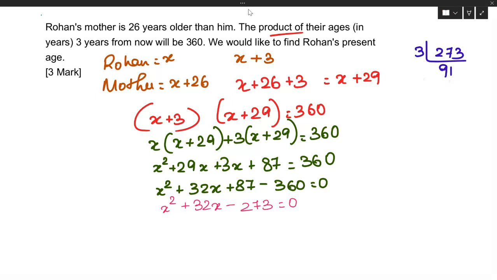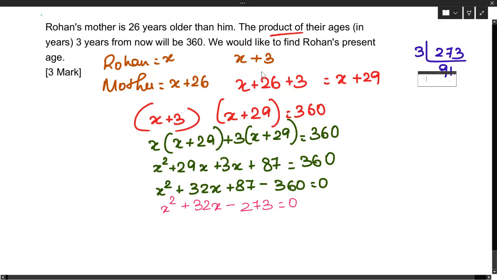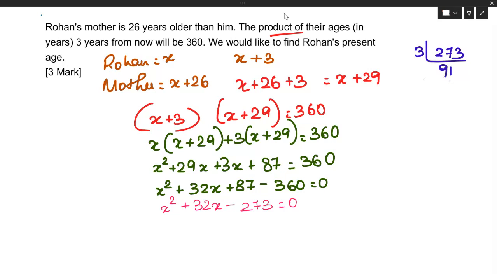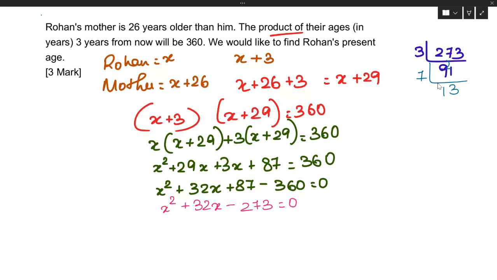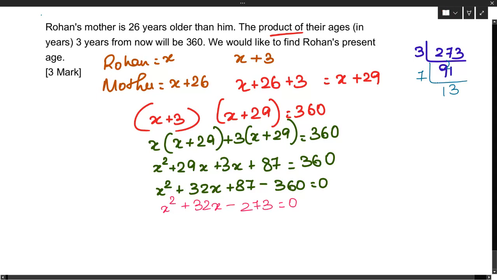Any other number? 7 ones are 7, 7 threes are 21. 21 times 13. That is not possible. We are not getting the number 32.